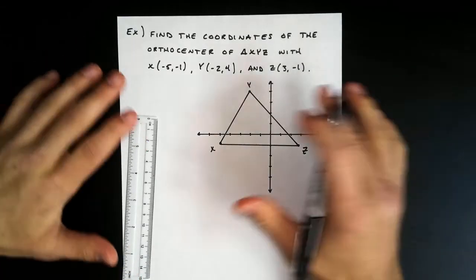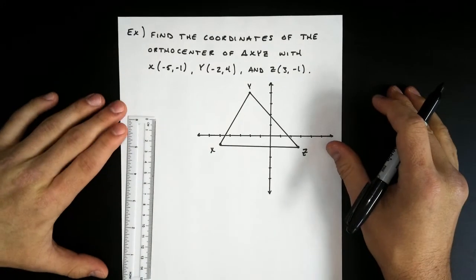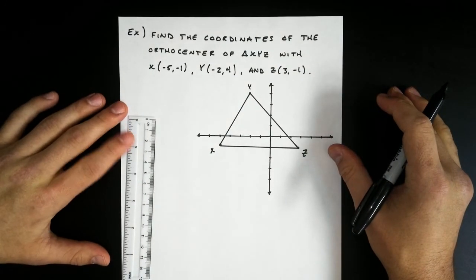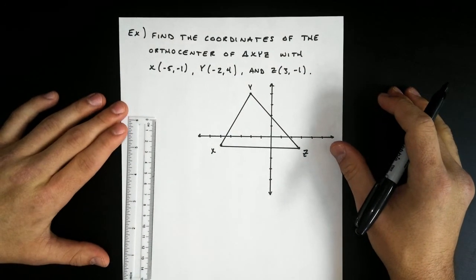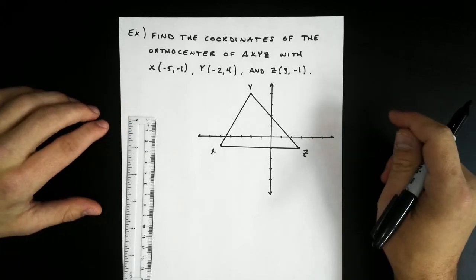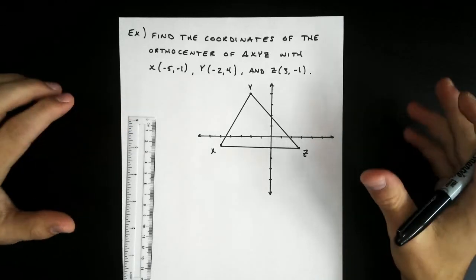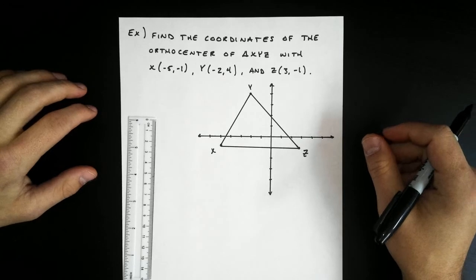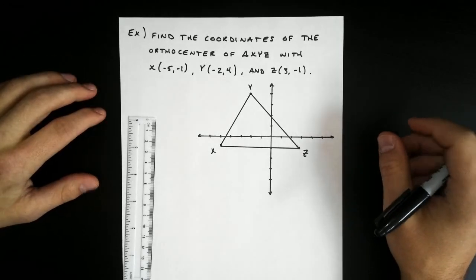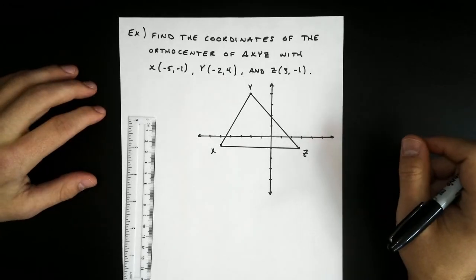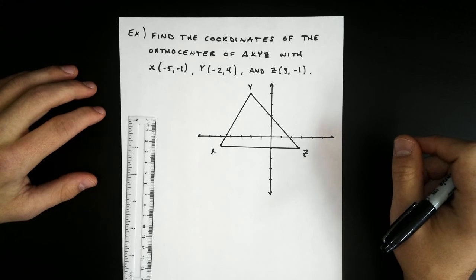Within the coordinate plane, the easiest way to make sure that something is perpendicular is to make sure that their slopes are opposite reciprocals. When slopes are opposite reciprocals, we know that those lines are going to be perpendicular, and it's going to make the right angle that we want.